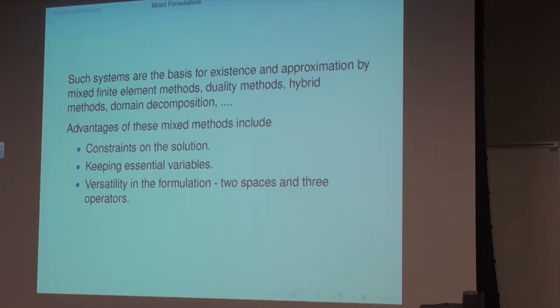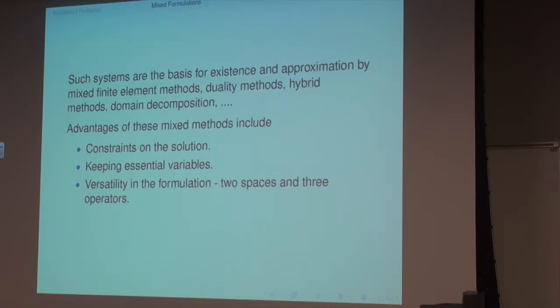But that system allows us to keep the essential variables. I don't have to eliminate one variable to get a higher order equation for a single variable. I don't have to do that. There's already a theory to take care of the system. I don't have to fudge around with it to get to a single equation. More important, from the point of view of building models, there's much more versatility in this formulation.